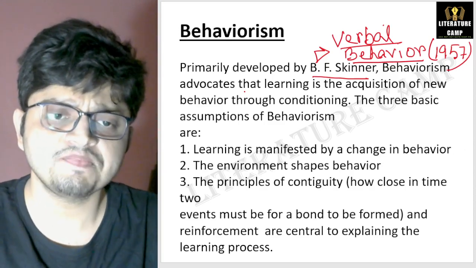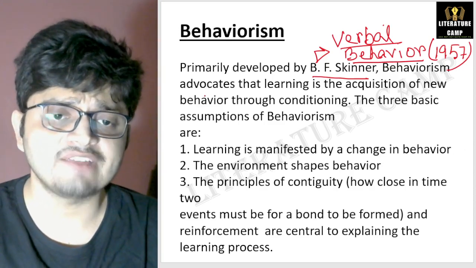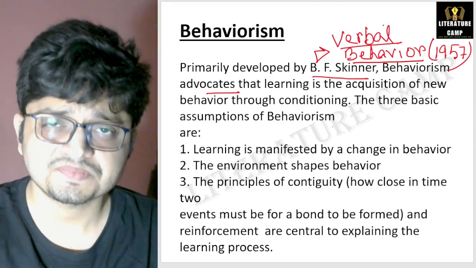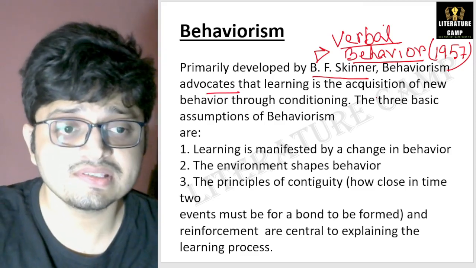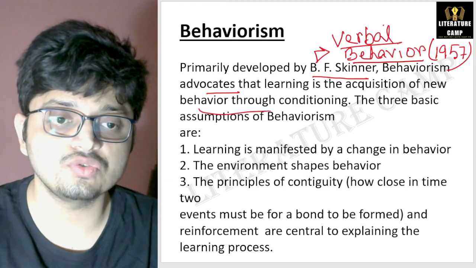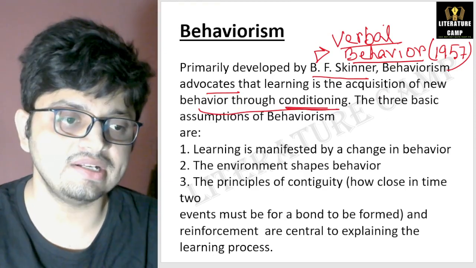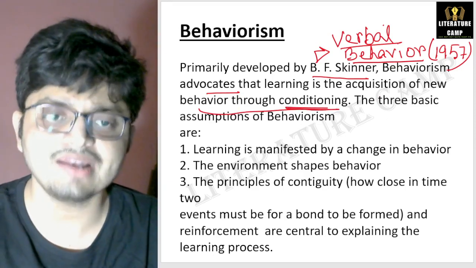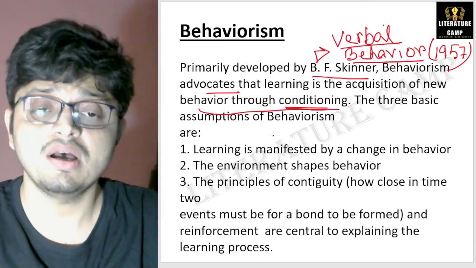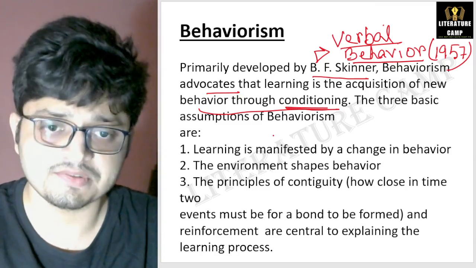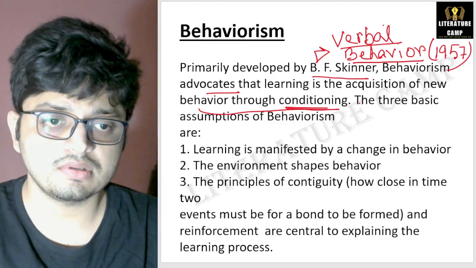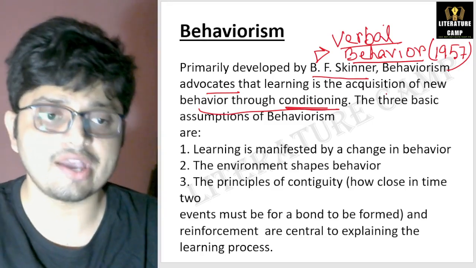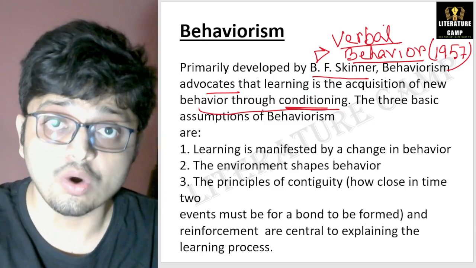So what is behaviorism? Behaviorism advocates that learning is the acquisition of new behavior through conditioning. Yes, his point is conditioning, that we learn new language or new things, new concepts. Learning is the acquisition of new behavior through conditioning.